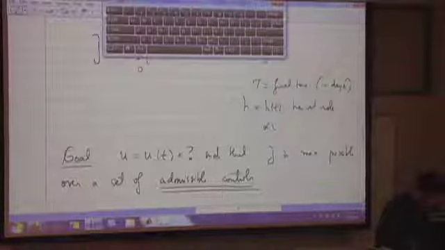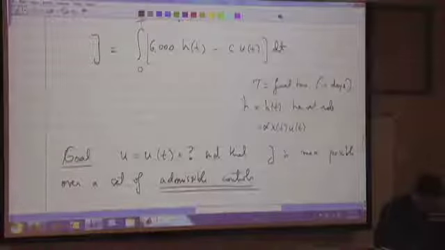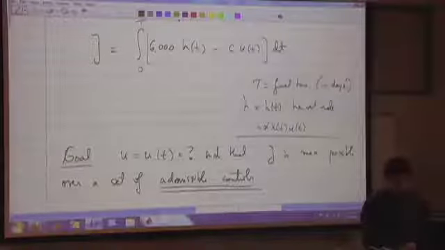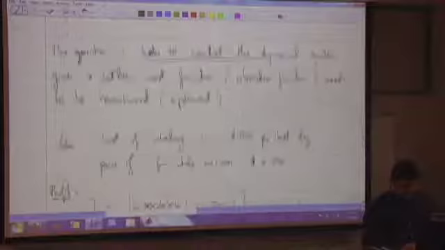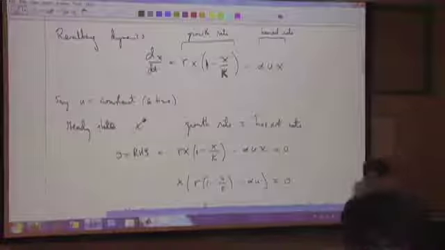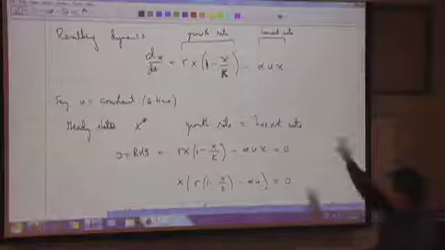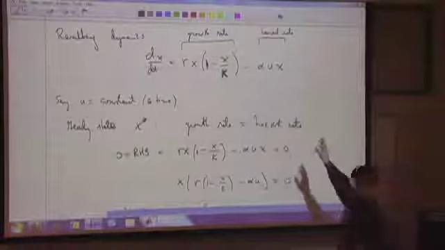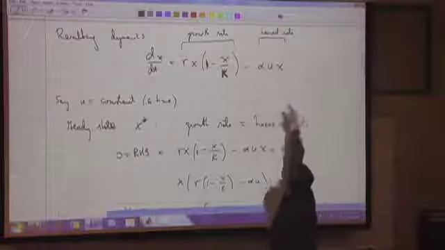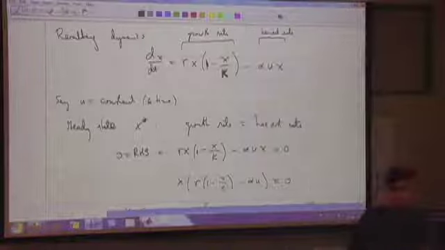But can you find X? In this case this was a model. You certainly have your state equation or state variables, the dynamical system. And if I know what U is, that's just a dynamical system that you can solve.